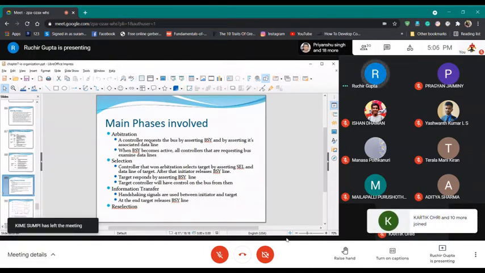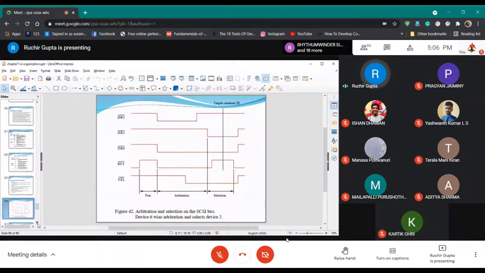Is it okay? So now let's look at the arbitration. In the SCSI bus, there are priorities assigned to different devices. And of course, high priority will win over low priority. 7 will be the highest priority and 1 will be the lowest priority.